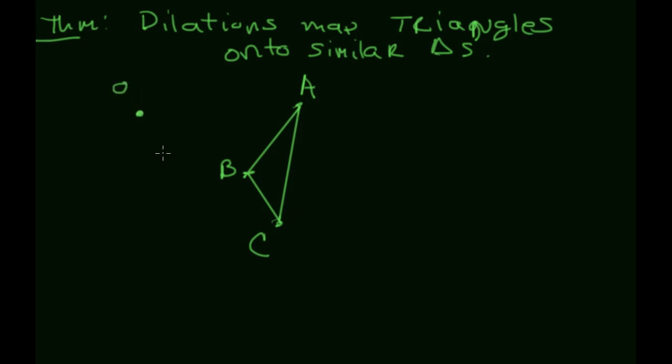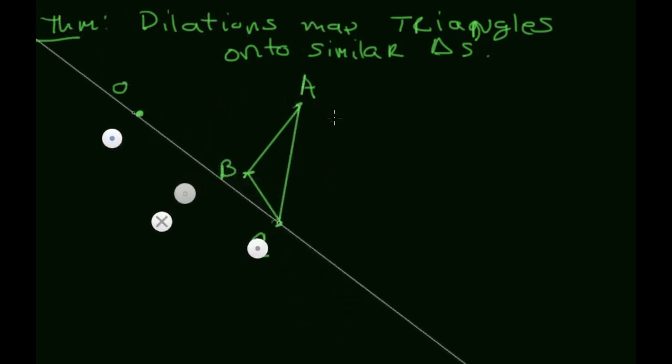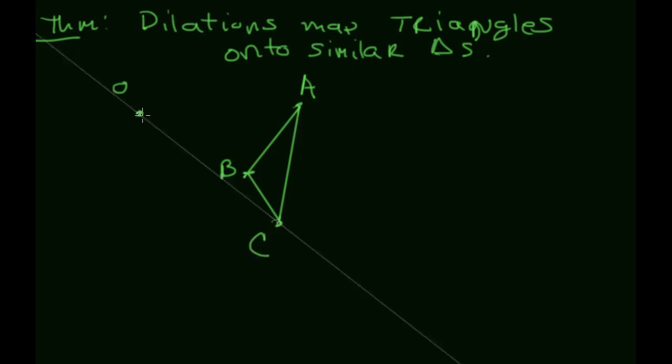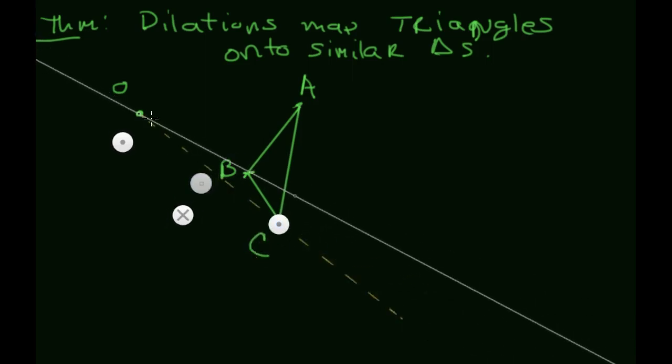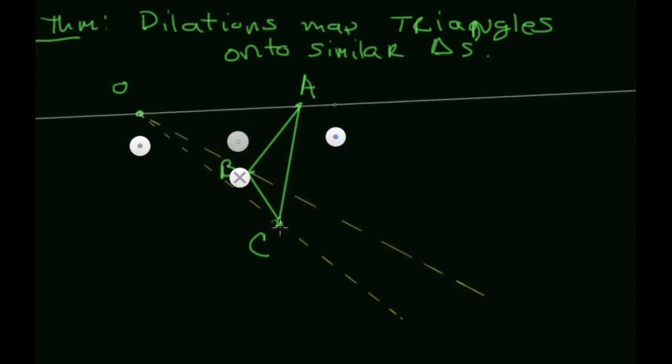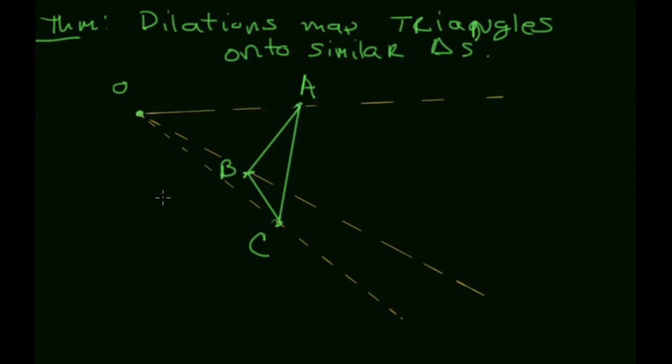This out here is O. Bring my ruler back and actually do a dilation here. I have to extend over C, make a little dotted line there, extend over B, make a little dotted line there, extend over A, make a little dotted line there. Then eyeball to where this is going to be.